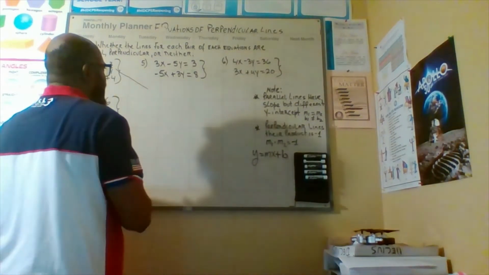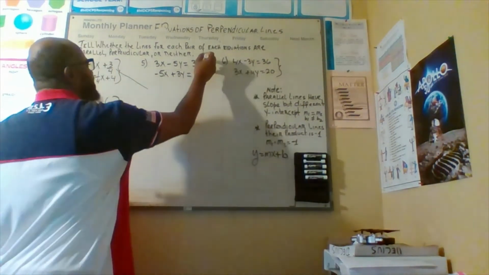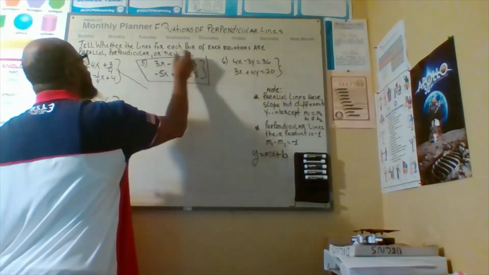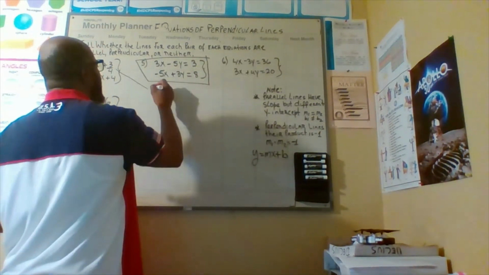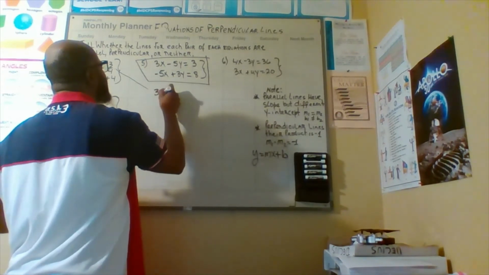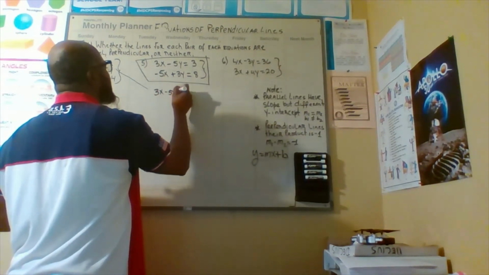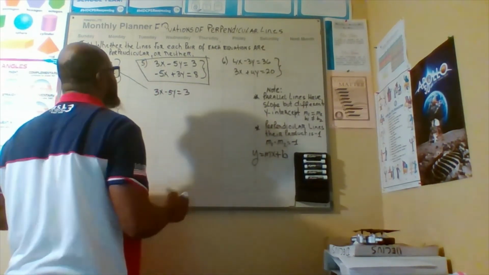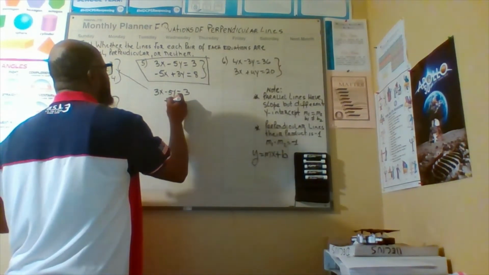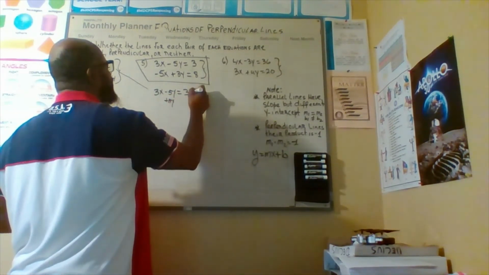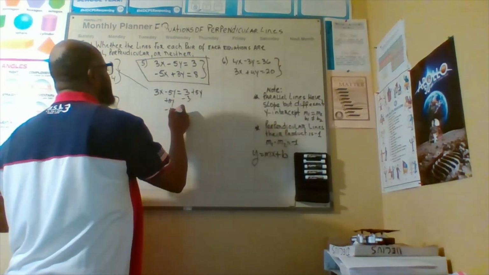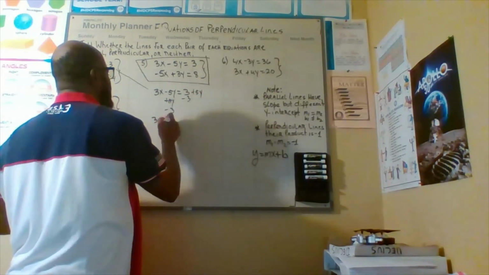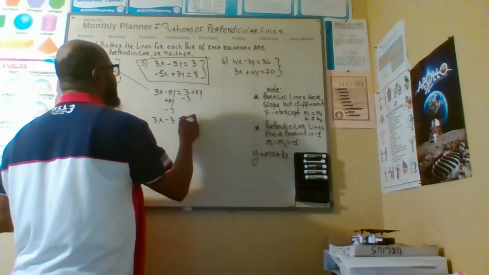All right, now this is more challenging. Both equations are in standard form. We're going to put them in slope intercept form. So we have 3x minus 5y is equal to 3. I want my y to be positive. I'm going to move 5y to the other side, and I'm going to subtract 3. So I will have 3x minus 3 is equal to 5y.